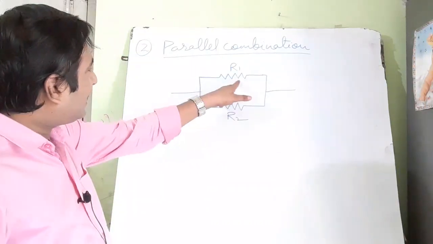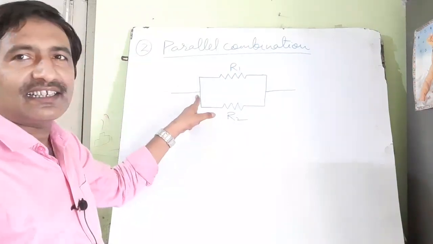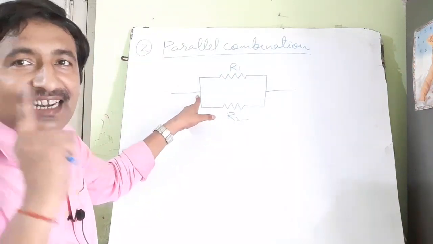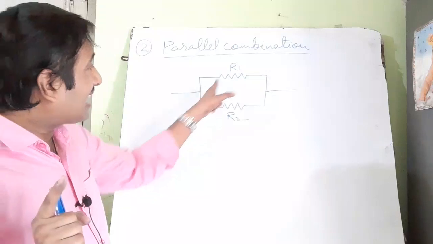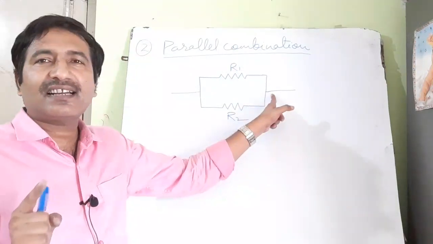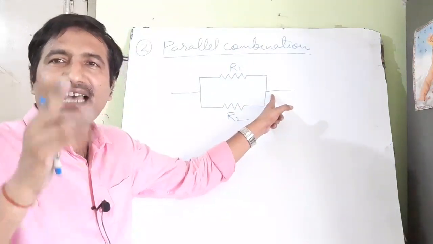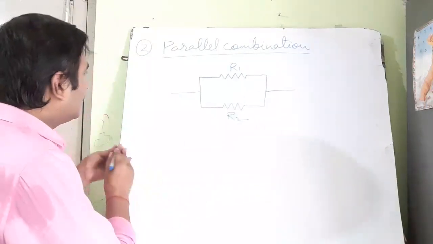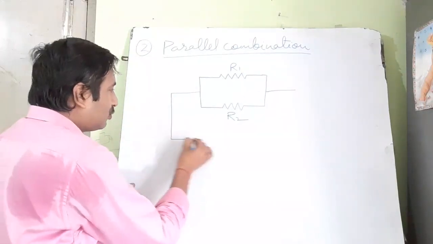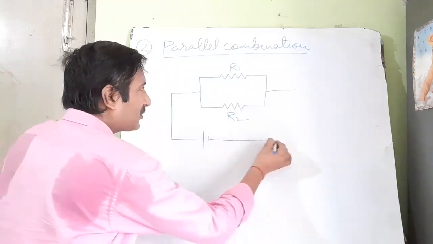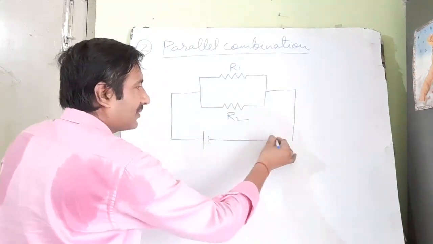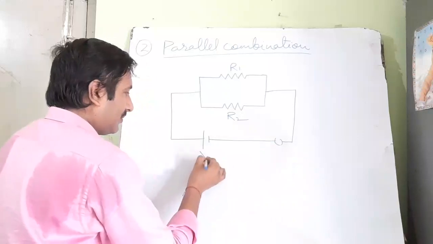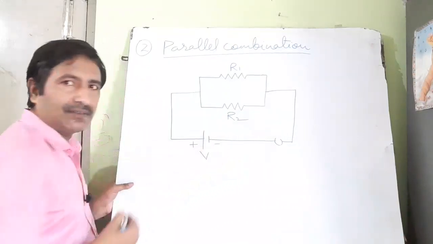You see, one end of both the resistors are connected to a point, means are at the same potential. Other ends of both the resistors are connected to another point, means are at another same potential. Now these two are connected to a cell of potential difference V, positive, negative.